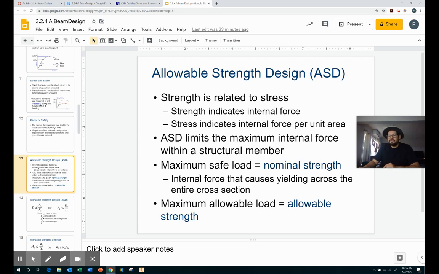I also want to make sure that you guys understand that we're using one of two kind of nationally understood methods. There's what we call the ASD method, which is allowable strength design method, and then the LRFD method. These are two schools of thought in terms of how structural engineers should go about it and what the kind of step-by-step process should be. When it comes to steel, ASD is the most common method.